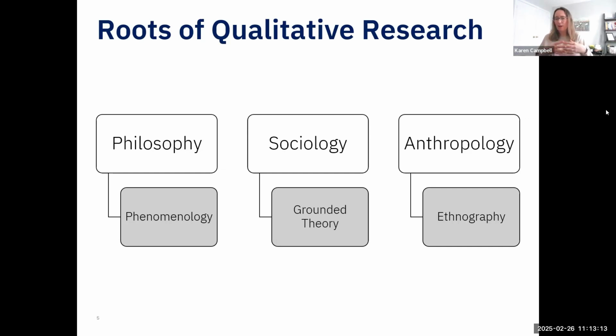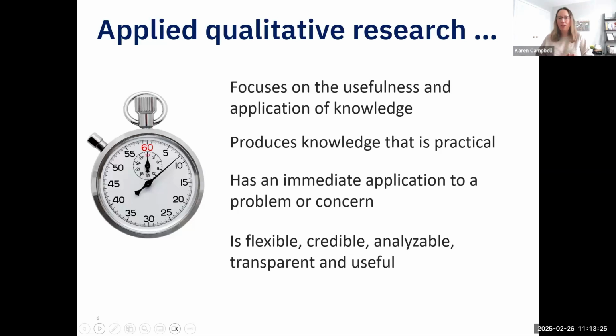So lots of sociologists, anthropologists, and philosophers do this work for many years to get to the answers that they're seeking for their research questions. But in applied qualitative research, we tend not to have that much time.